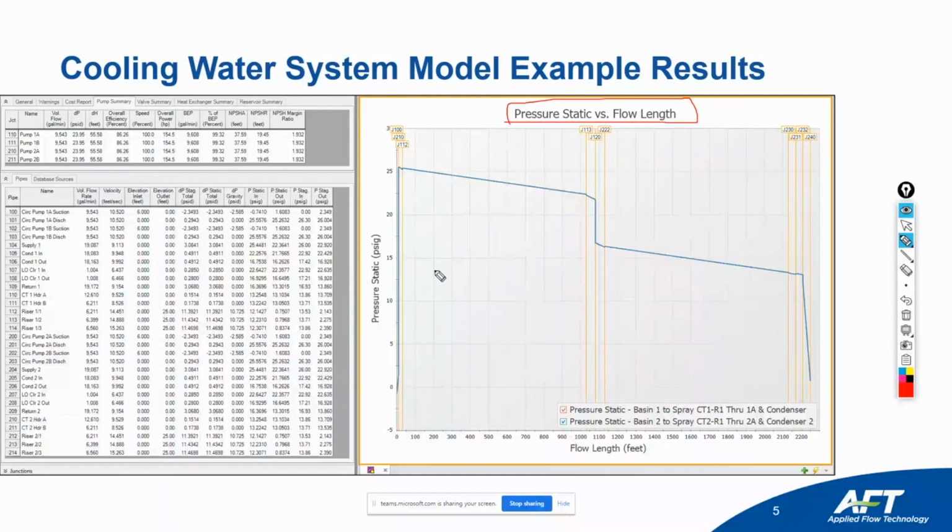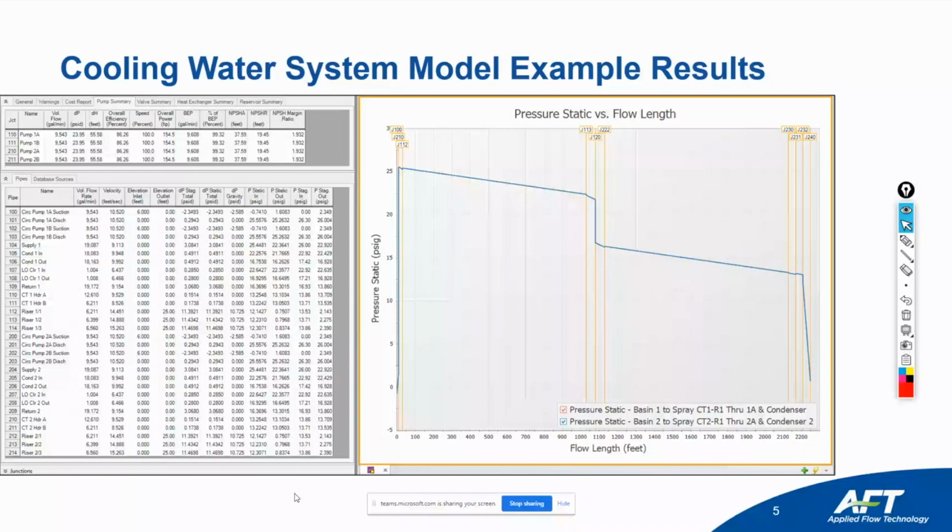So this is just demonstrating what the pressure change throughout a flow path would potentially look like. And we get the boost in pressure from the pumps. We have a significant pressure loss across one of the heat exchangers, so on and so forth. So that's just a very basic example of what a flow analysis model might look like.